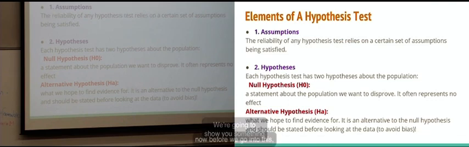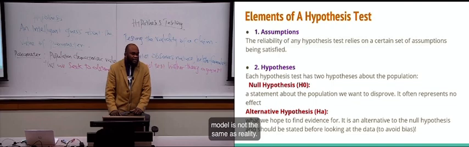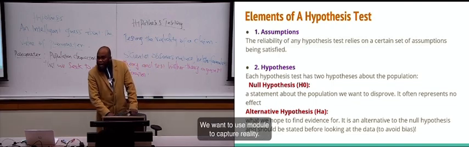I'm going to show you something now. Before we go into this, because we're going to be using a statistical model to conduct a test, we're going to rely on assumptions. I told you the other time, a model is not the same as reality. We want to use a model to capture reality.